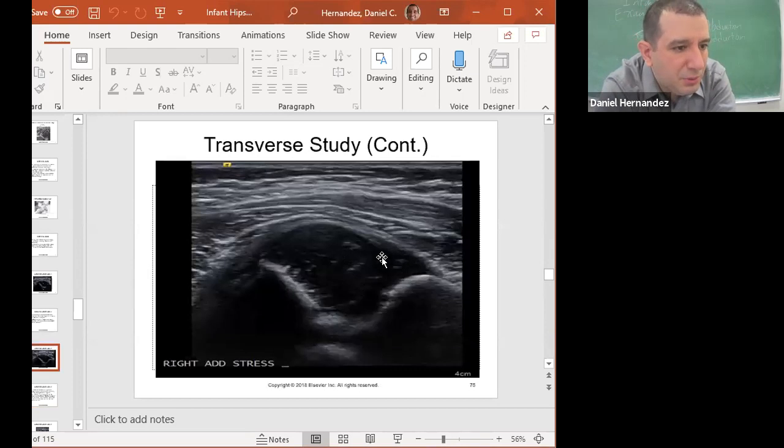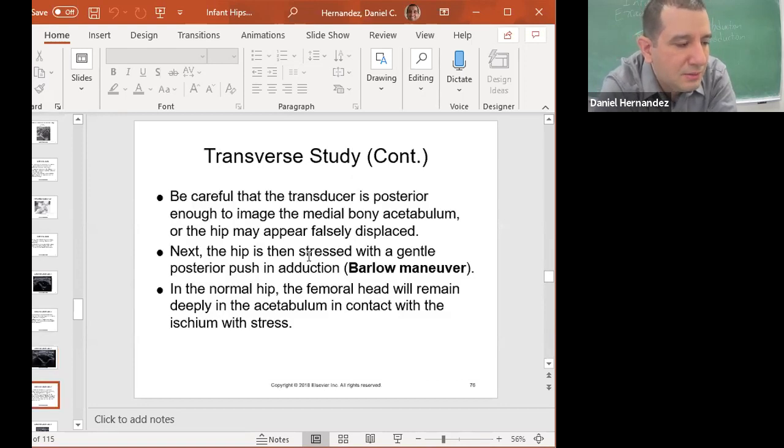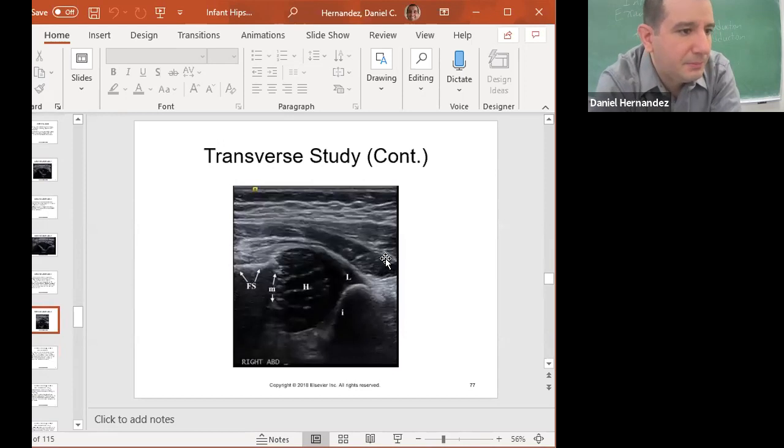So when we abduct, we're going to maintain contact with the ischium during stress. Again, this is a good picture showing that U, femoral head sitting deep within that, maintaining contact with the ischium.